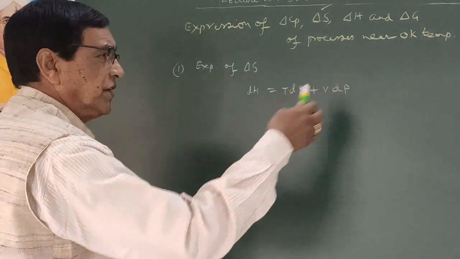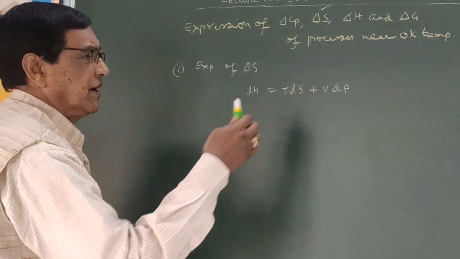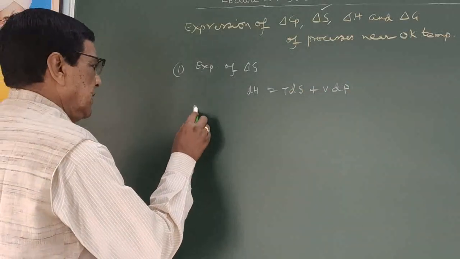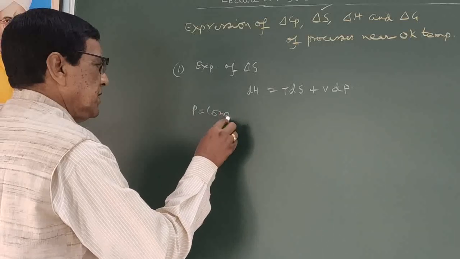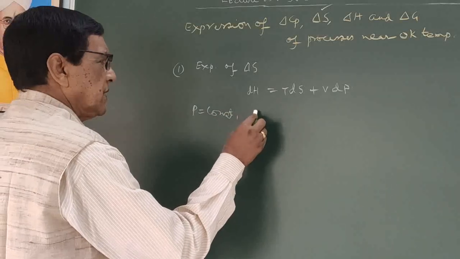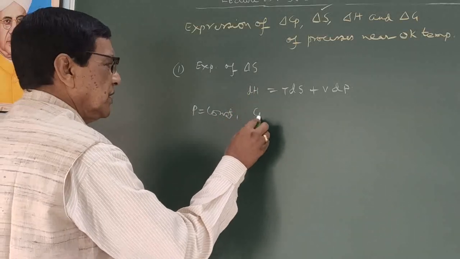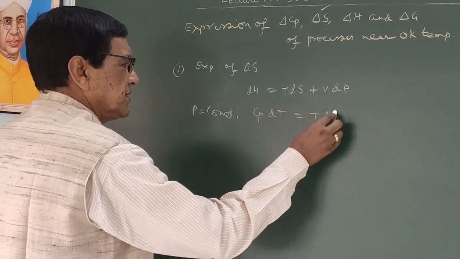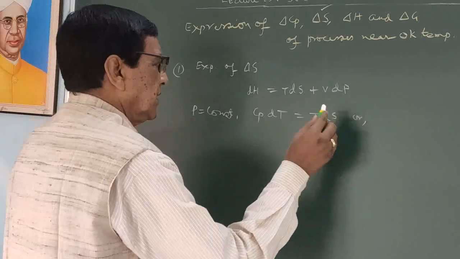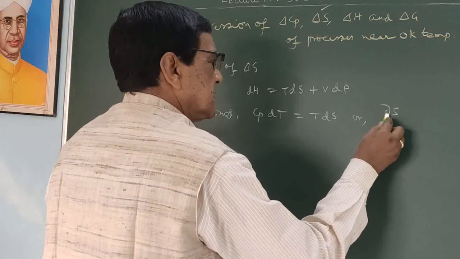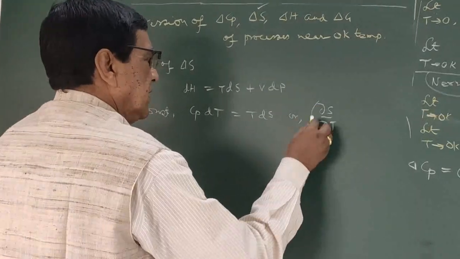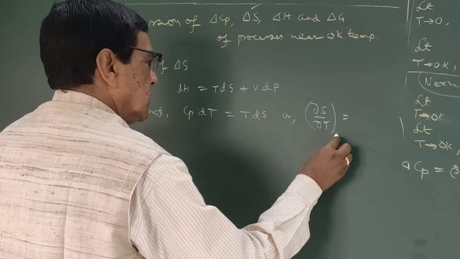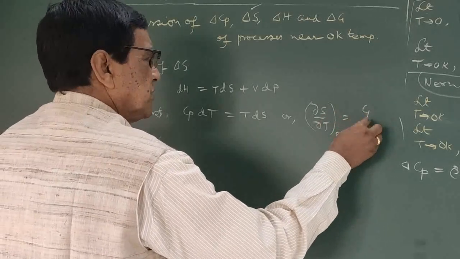As this is a condensed phase process, P is constant. So instead of dH, we can write Cp dT equal to TdS, or we can write del S divided by del T at constant pressure equal to Cp by T.